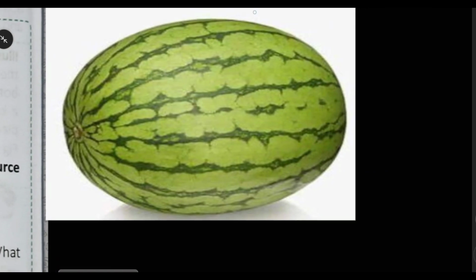When we cut it in a vertical way, it will look like this. So we'll get a circular shape. And when we cut the watermelon horizontally, we will get an oval shape. So answer A is circle and answer B is oval.